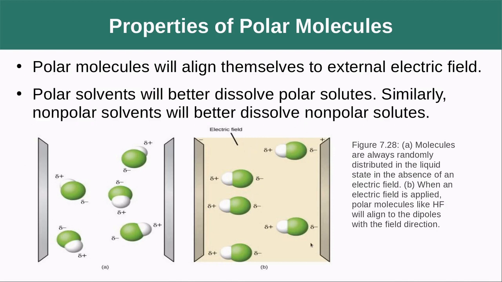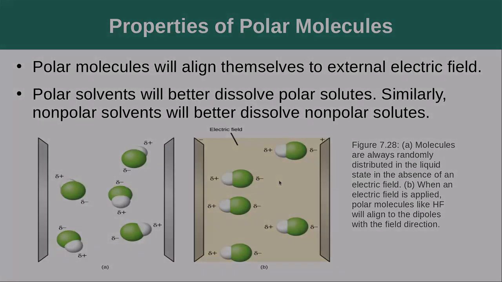Once we apply that external electric field, though, all of the partial negative charges are going to face the positive plate, and all of the partial positive charges are going to face the negative plate, and we get a very coherent, aligned situation. This is only going to happen in the gas phase or in a liquid phase, where these molecules are free to move about and not trapped in a solid lattice.